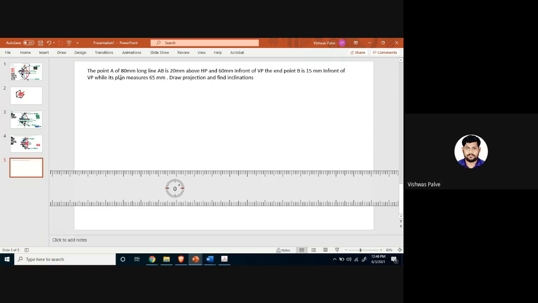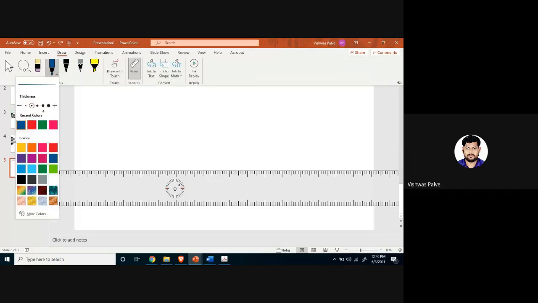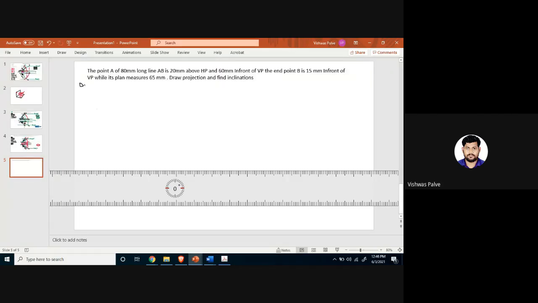Data given: a point A of an 80 mm long line AB is 20 mm above HP, 60 mm in front of VP. The end point B is 15 mm in front of VP, while its plan measures 65 mm. So this much data is given, and with the help of that, we have to solve the problem.